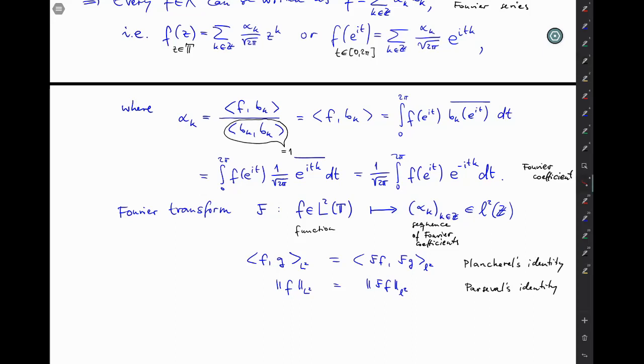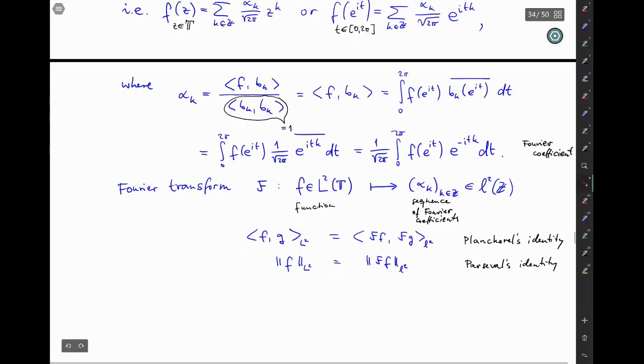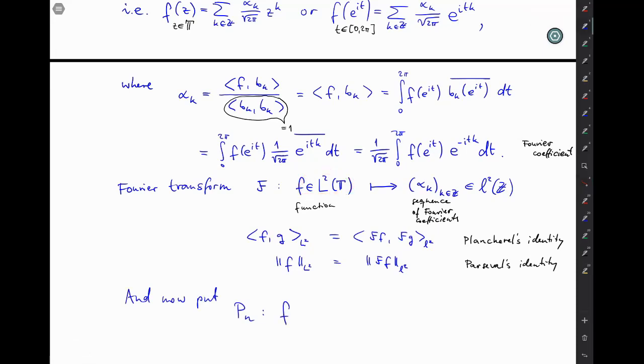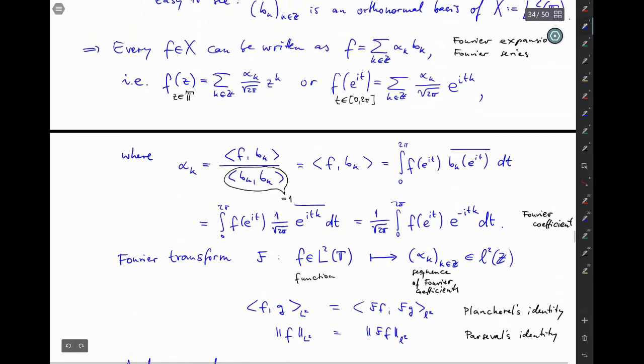But now, after this little intro into Fourier analysis, we are ready for the introduction of our projections. And Pn takes an element from our space X, so function f. And we know that we can write this in terms of its Fourier series.